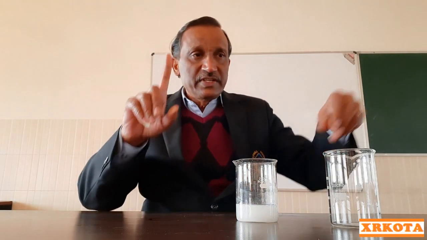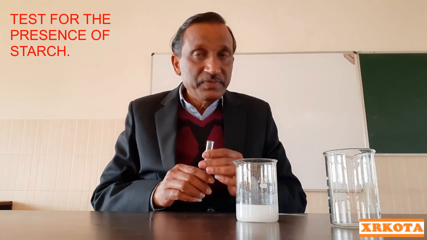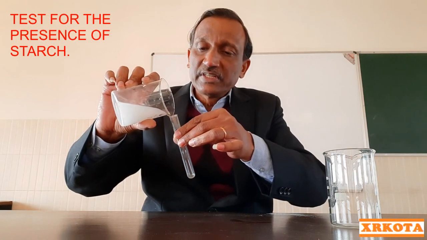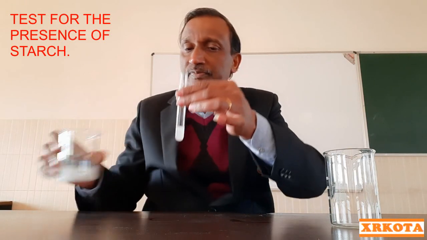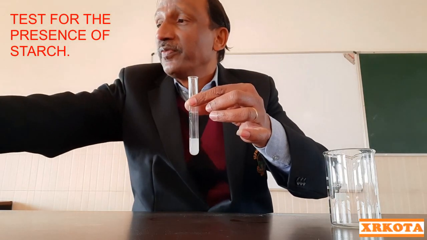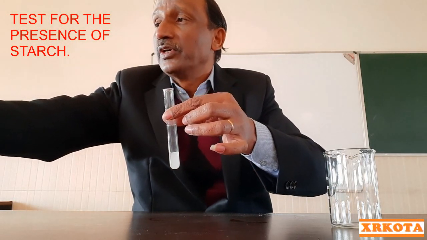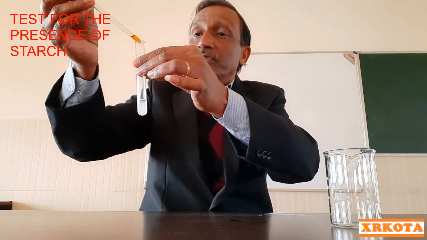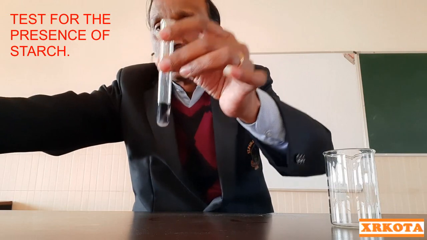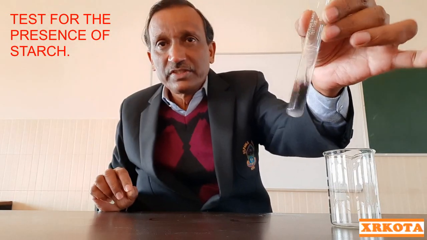The very first test is to see what happens if iodine solution is added to starch solution. So I take a little bit of starch solution, and with the help of a dropper I put in a few drops of iodine solution, and you can see the color change.